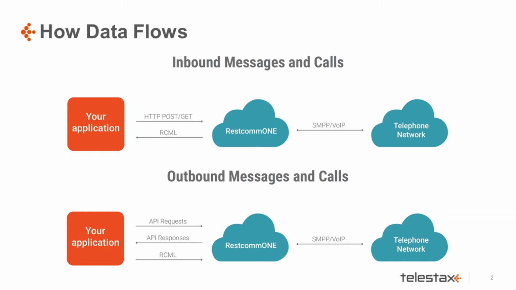In our case, we used Zapier, and we configured a very simple webhook that sent an email onto my inbox. For outbound, we have to construct an API request, send that to RestcommONE, and then RestcommONE will deliver that out to the telephone network and on to my mobile phone number. And if you remember, we use Postman to simulate what your application would do.